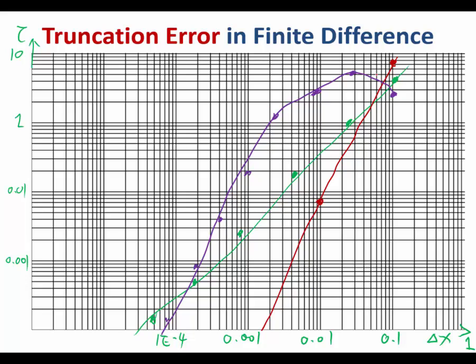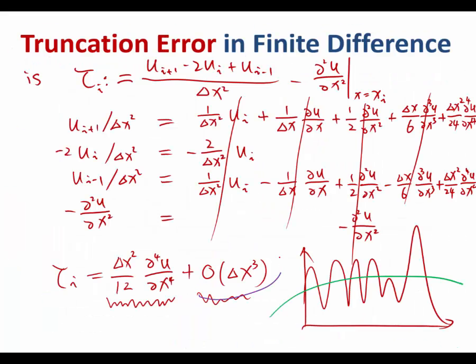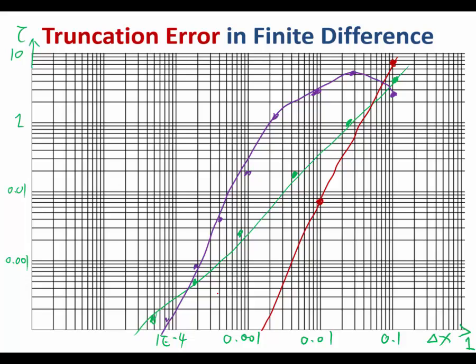Initially, it may not look like a slope of 2 because I still have these high order terms that may not be small when delta x is large, right? So these are very good checks for you to have a confidence that you have the right derivation of your scheme and the right implementation.